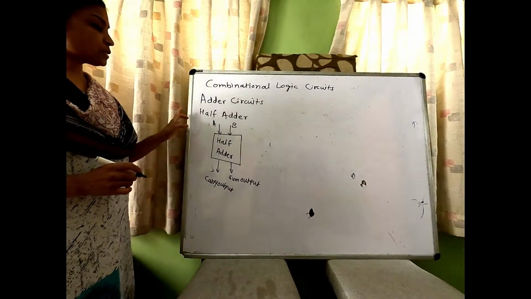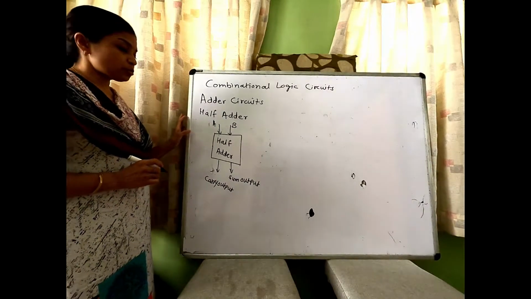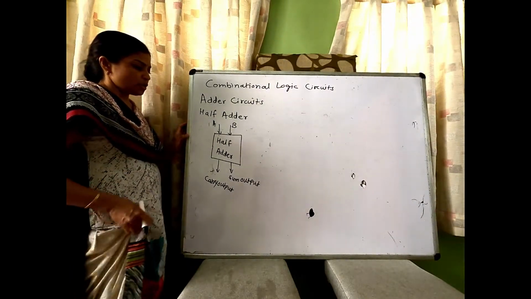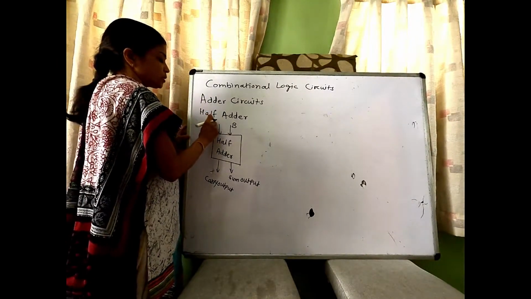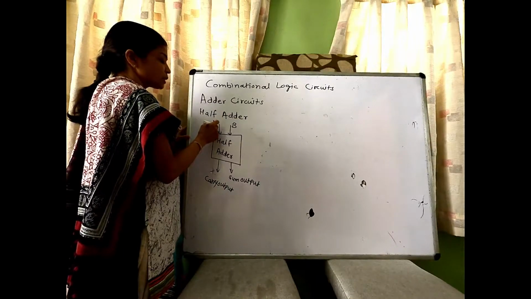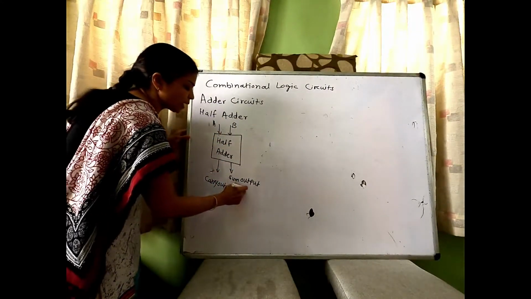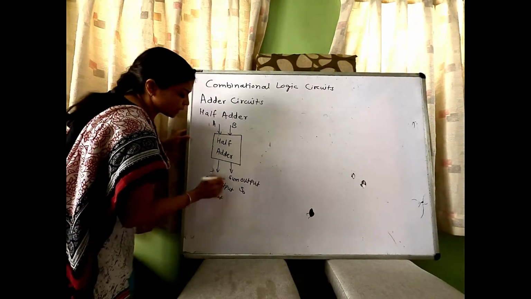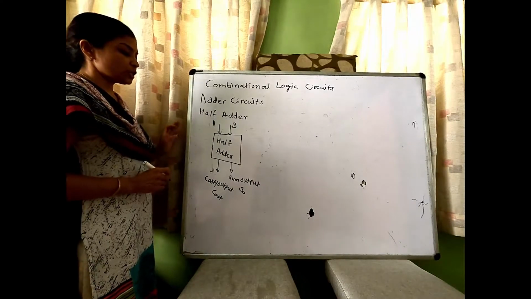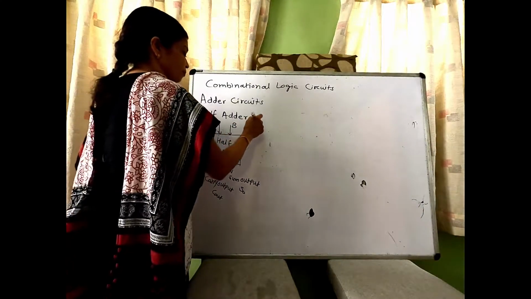So the first step we will follow, that is assign variables to the inputs and the outputs. Here we will assign the variables, inputs as A and B, the sum output as S0 and the carry output as Cout. Using these variables, we will prepare the table.